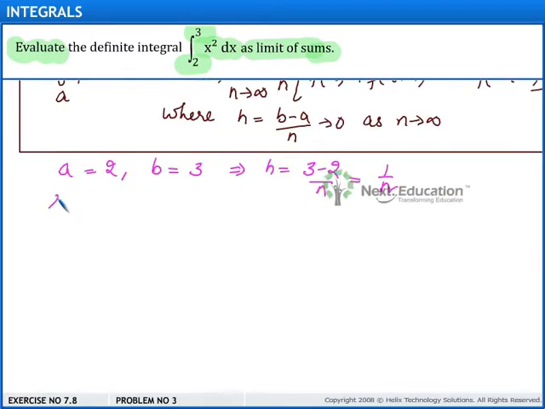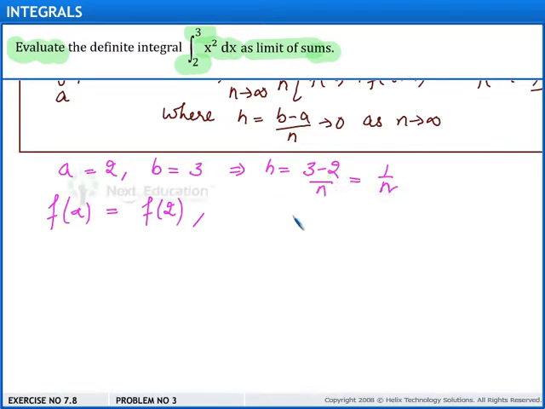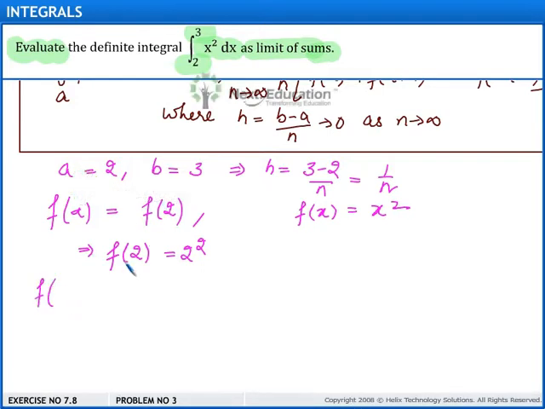Now let us find f of a. f of a is f of 2 and the function f(x) here is x square, so this implies that f of 2 is equal to 2 square. Now we have f of a plus h, that is f of 2 plus h. So this is (2 plus h) whole square.